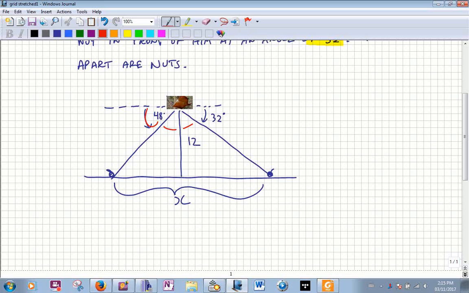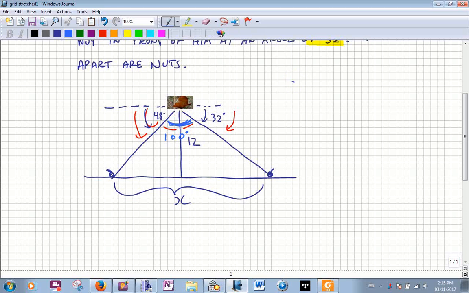But let's think about this a different way. How far is it from there to there? That's 180. So if this is 48 and that's 32, do you guys know how to figure that out? 48 and 32 is 80, so all of this must be 100 degrees.